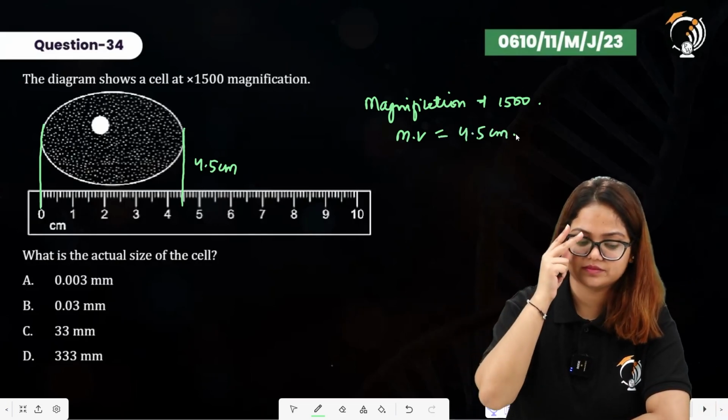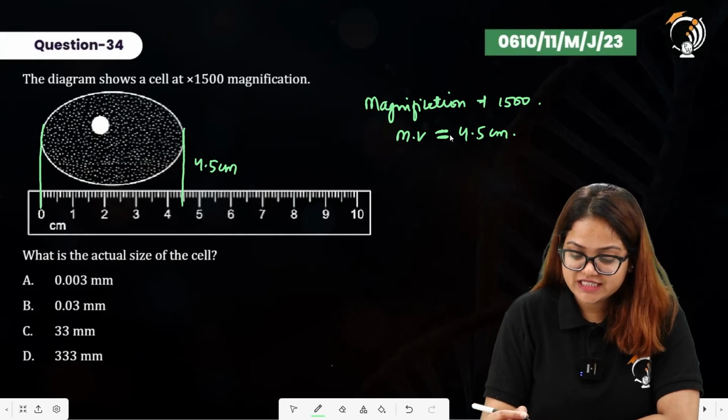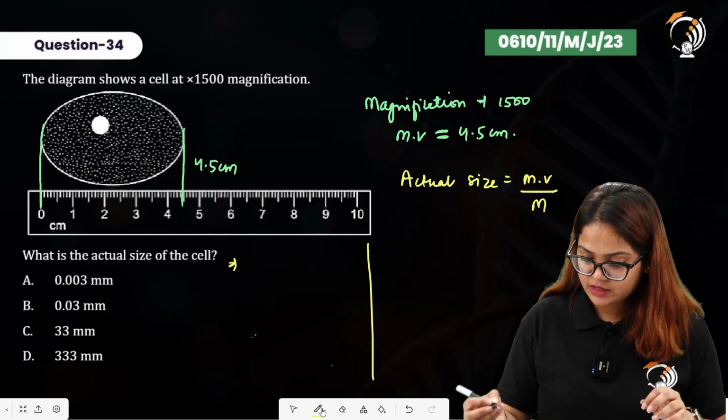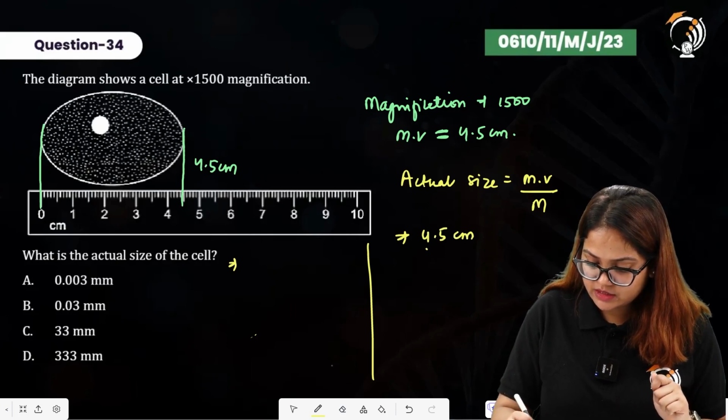All right. What is the actual size of the cell? The magnified value is 4.5 centimeter, then the magnification is 1500.